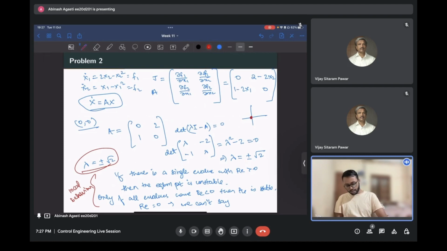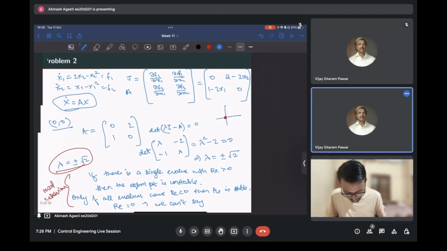So the system around this, the trajectories will be unstable. That is, they'll be going away from this equilibrium point, right? So something to that effect. So is it clear till now?